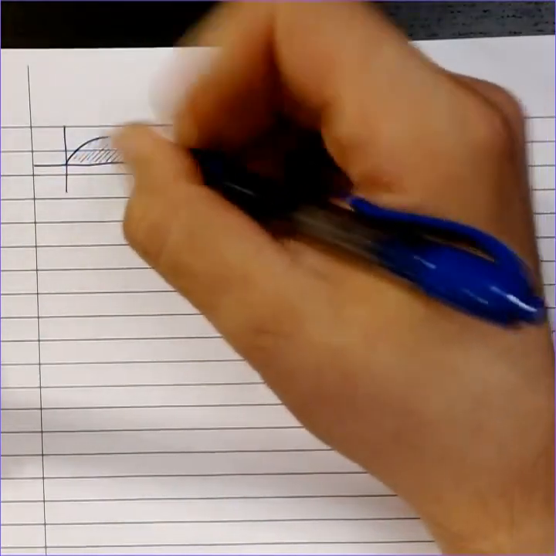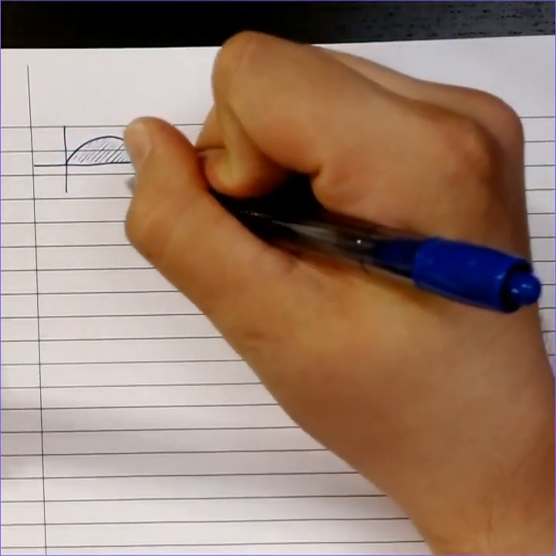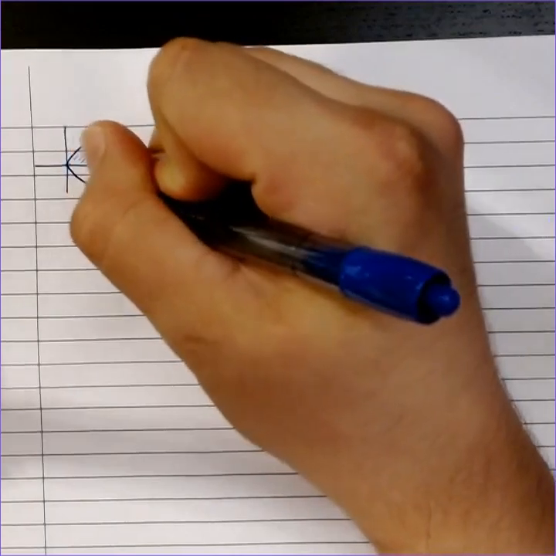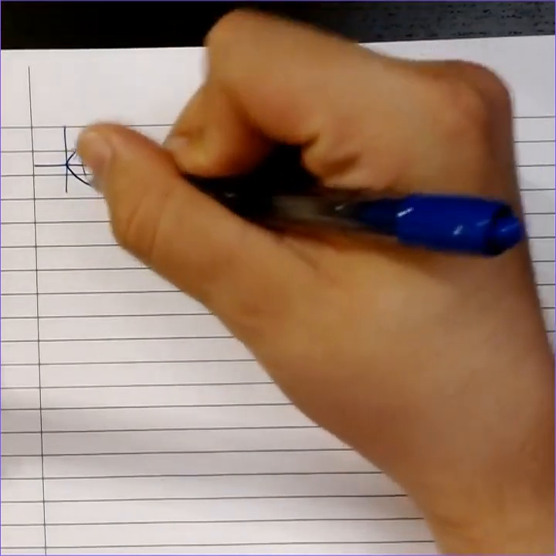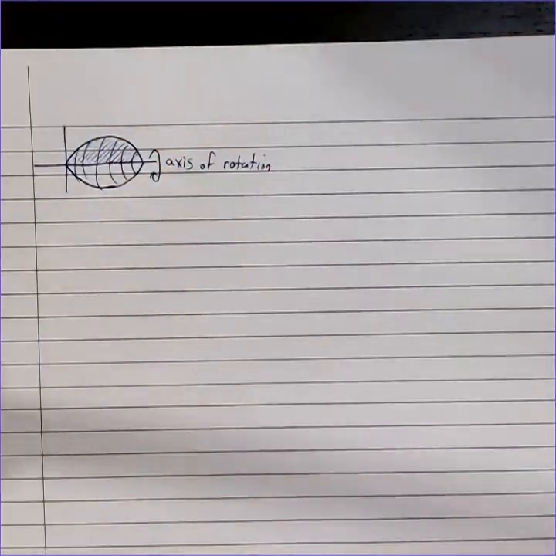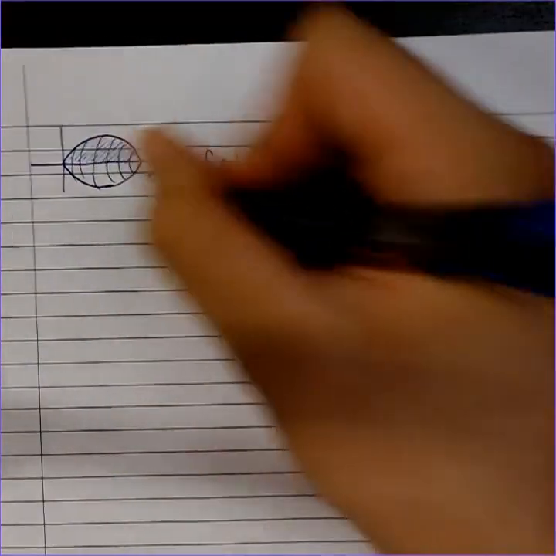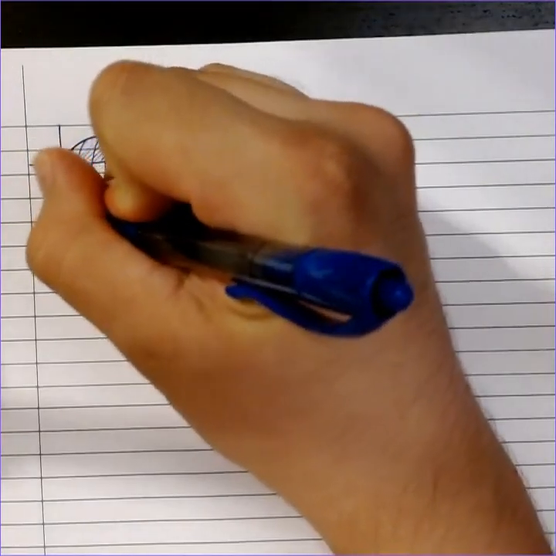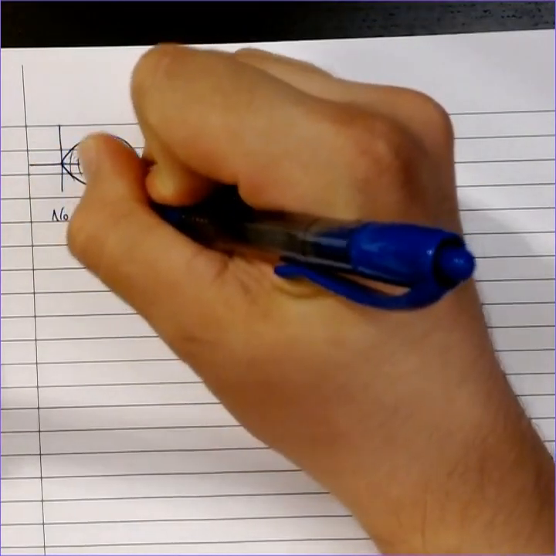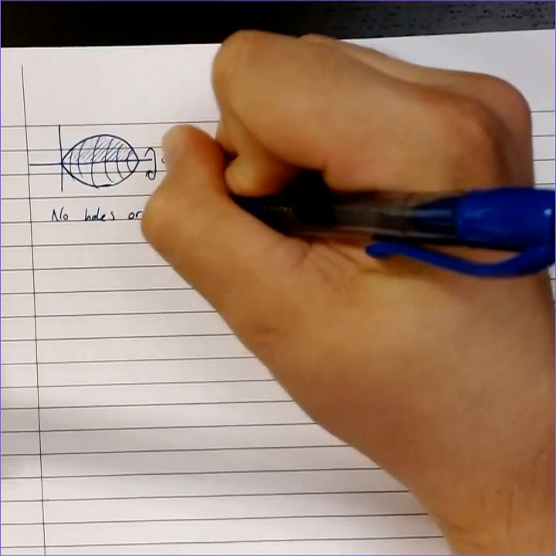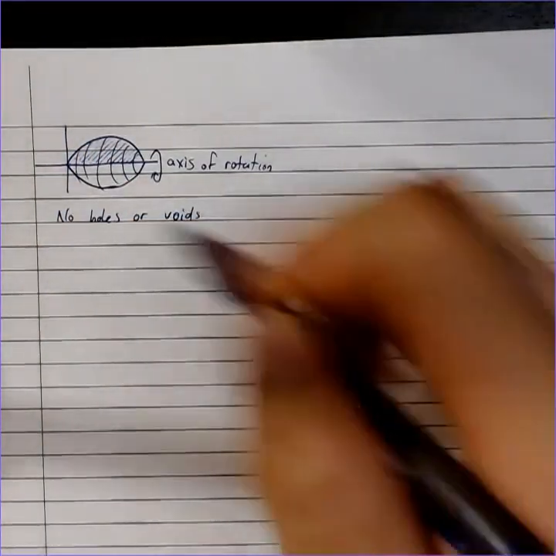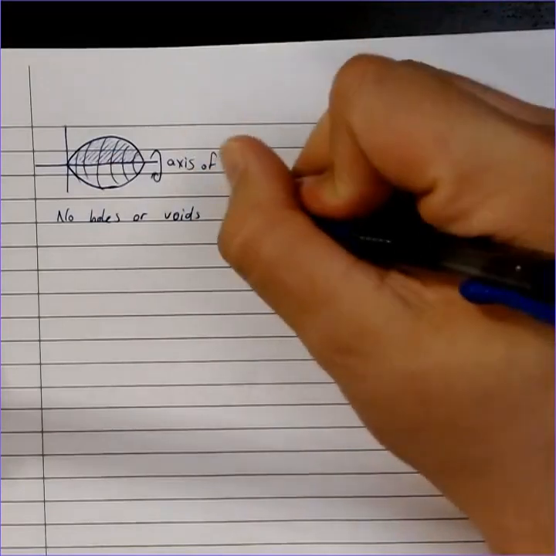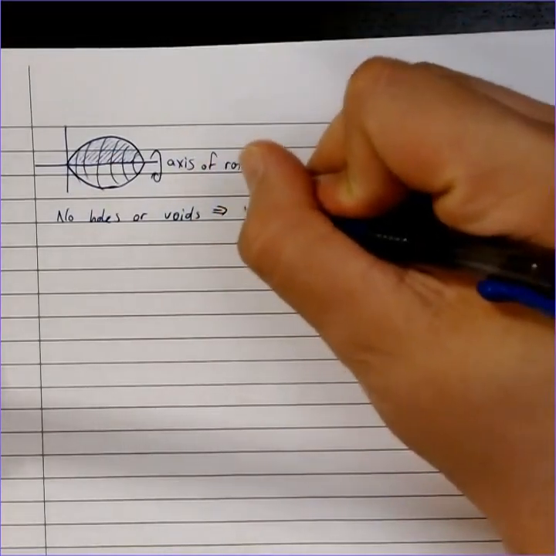So we just call it the axis of rotation. If you take this object and revolve it around, you'll notice that you have absolutely no holes anywhere in the middle. And so that's what's telling you to use the disk method. No holes or voids. No empty space. That tells us that we're going to use the disk method.